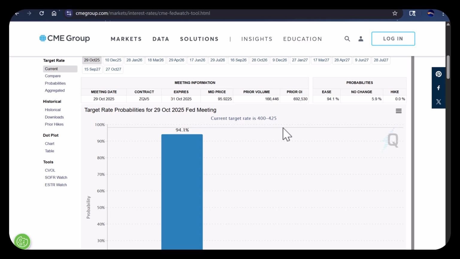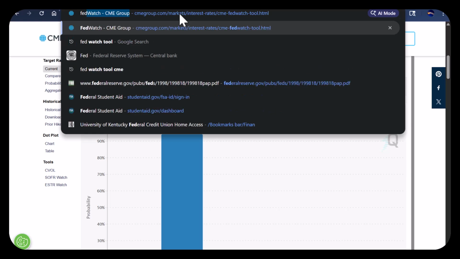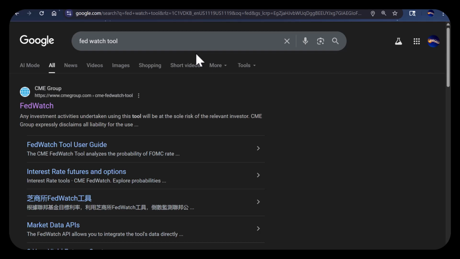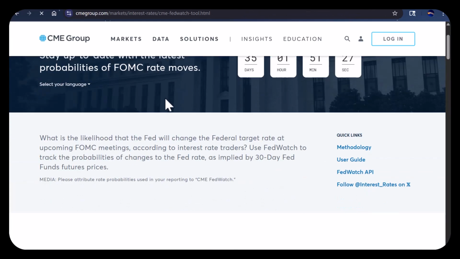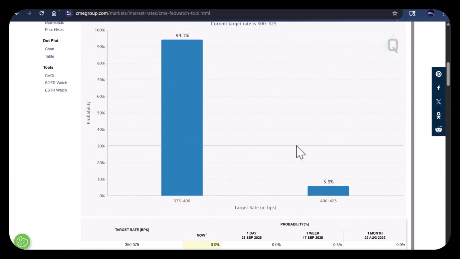If you ever want to see this thing without knowing how the calculations are made, if I ever get to teach a fixed income class, I'll actually go through that. Just type FedWatch tool in your Google search. This is based on futures contracts on the federal funds rate. Pick your meeting.